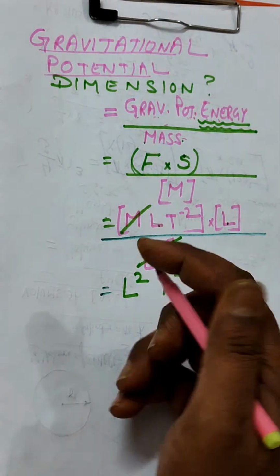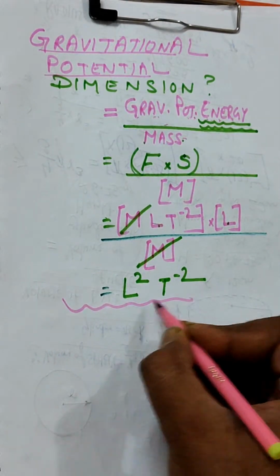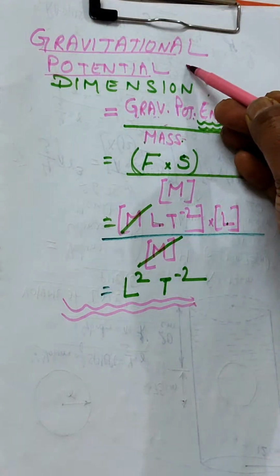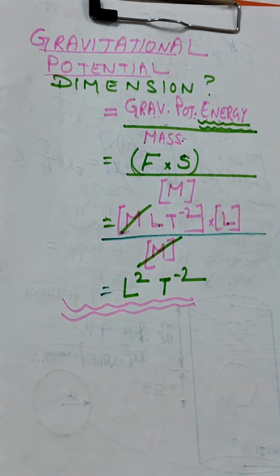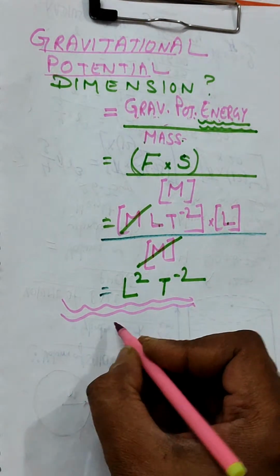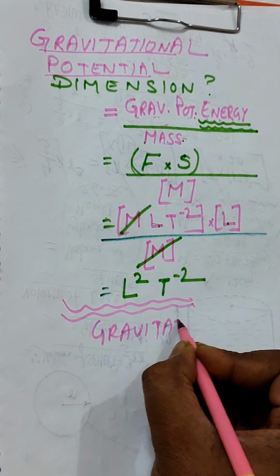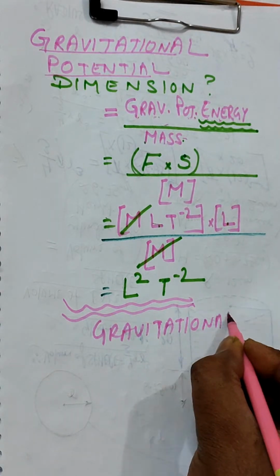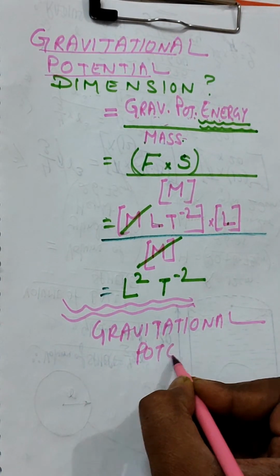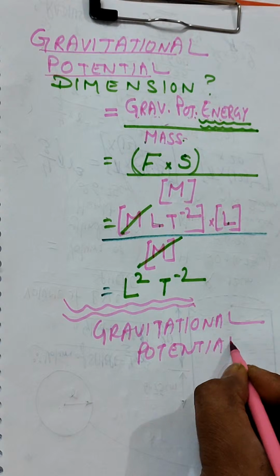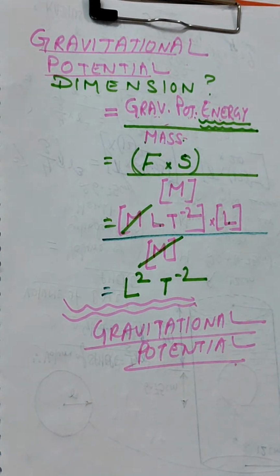So this is the dimension of gravitational potential. So students, in this way we can derive the dimension of any physical quantity, whichever is in front of you.